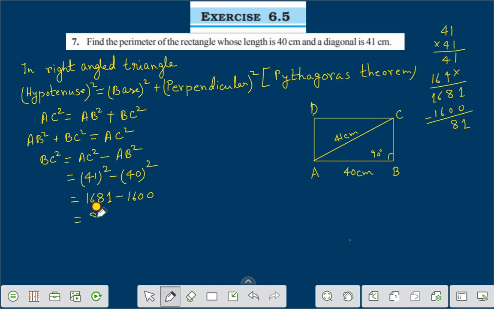Therefore BC is equal to root over 81, that is equal to root over 9 into 9, and that comes to 9 centimeter. Therefore, here you get that BC is equal to 9 centimeter.